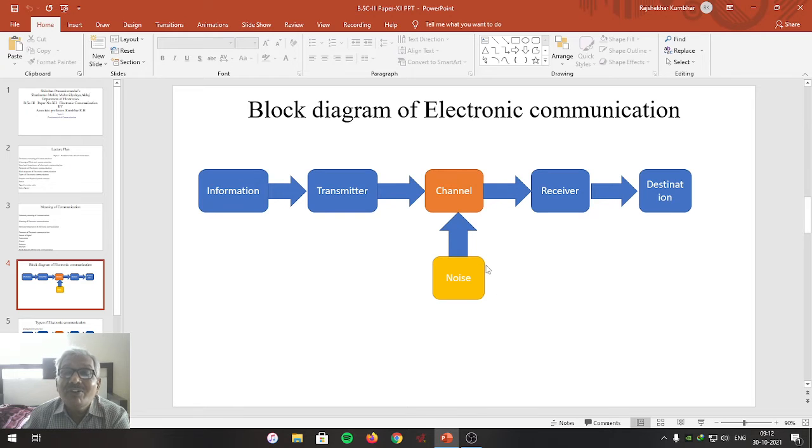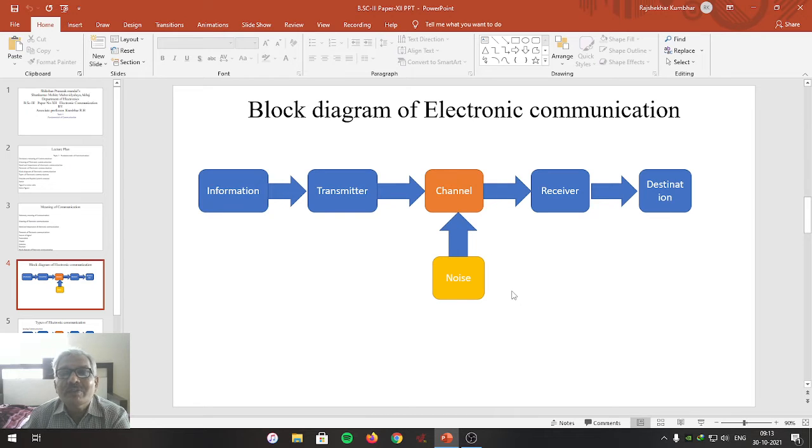Therefore, we can't avoid noise as a part of electronic communication. It is not essential, but it is a part of that. Knowingly or unknowingly, it is added into the electronic communication system, and that's why it is represented in the block diagram.